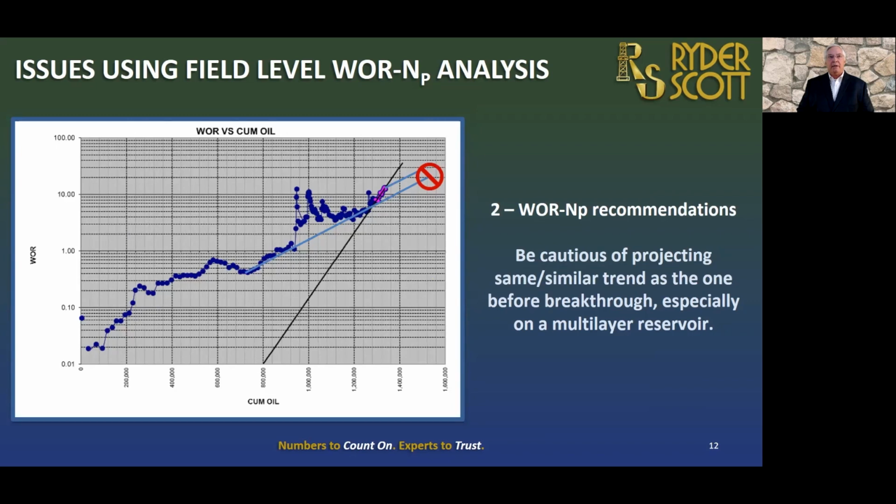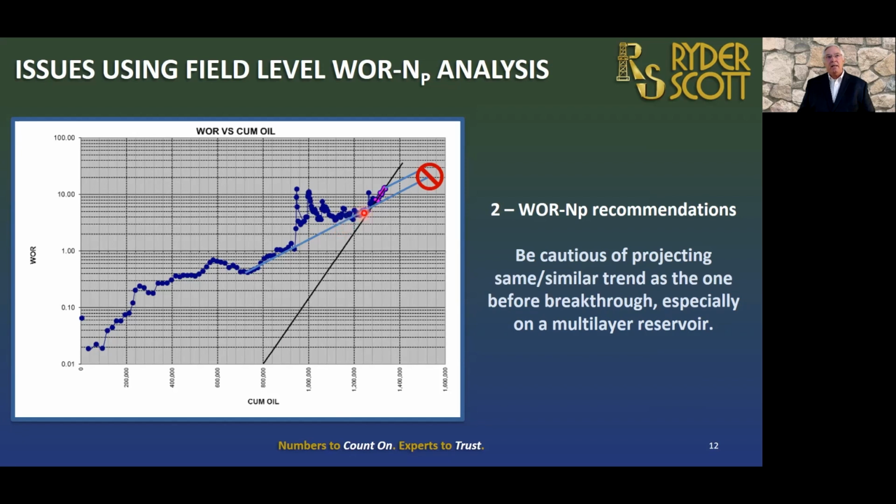The second recommendation is that you be cautious of projecting the same or a similar trend as the one prior to a breakthrough, especially if we know that there are multi-layer reservoirs. And again, you can see here that there may have been a breakthrough. Maybe a second zone had a breakthrough, and then maybe even a third zone had a breakthrough.